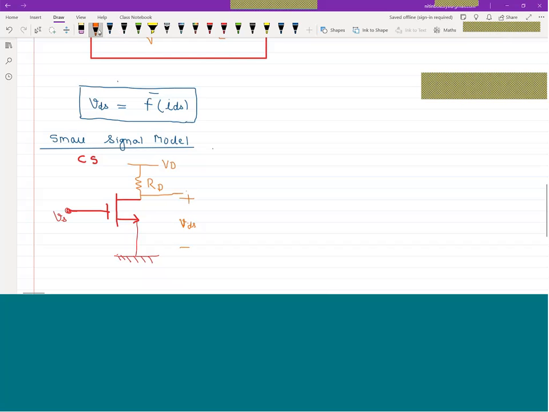When studying the bipolar junction transistor, we discussed that the base emitter junction is forward biased. There is no such thing here. So you can say here we can draw a gate terminal. We are drawing the small signal equivalent.